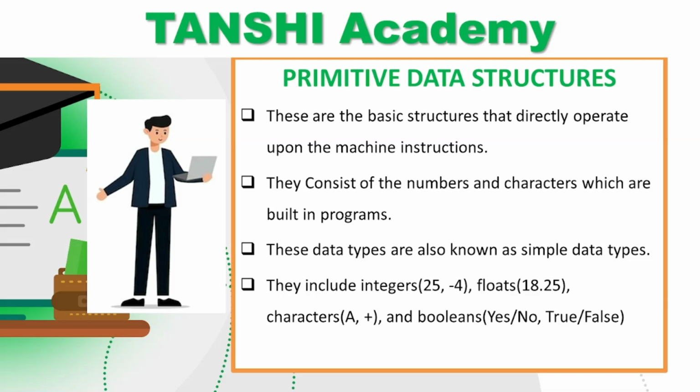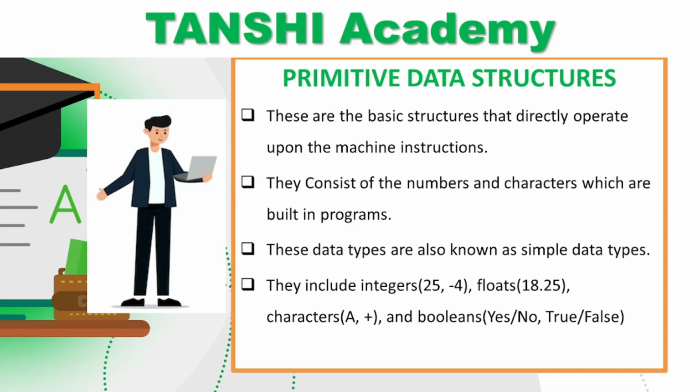So in this circumstance, it is very easy for the machine to understand them and to manage them. These data types are also known as simple data types. So we can say primitive data structures are known as simple data types.